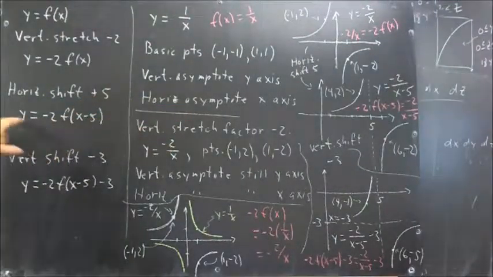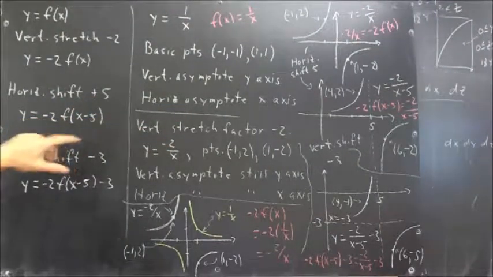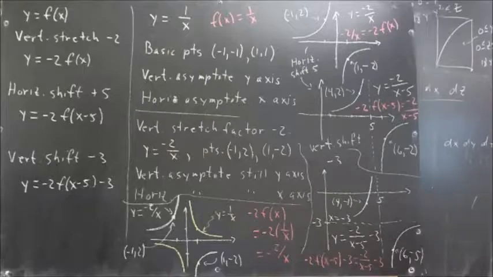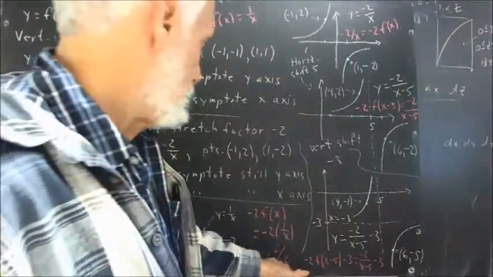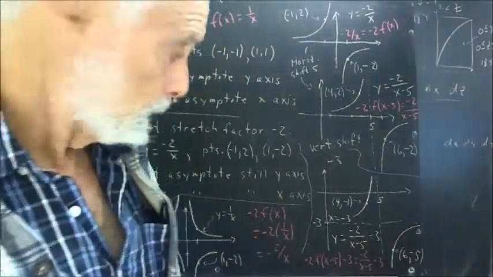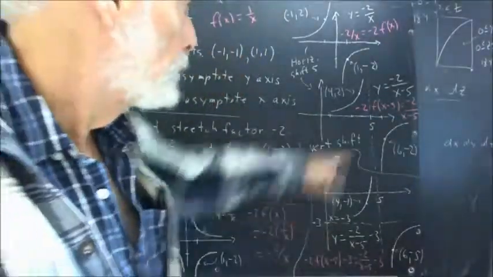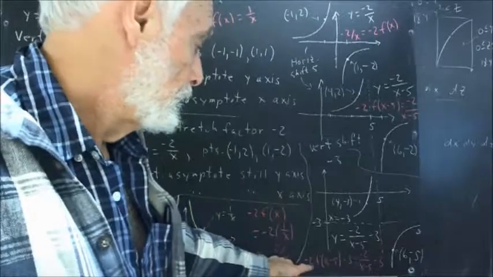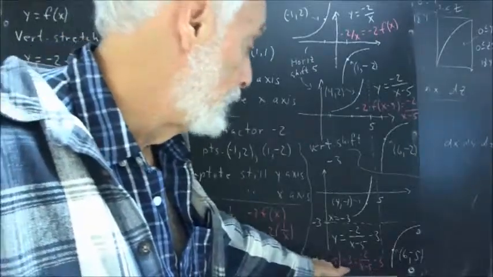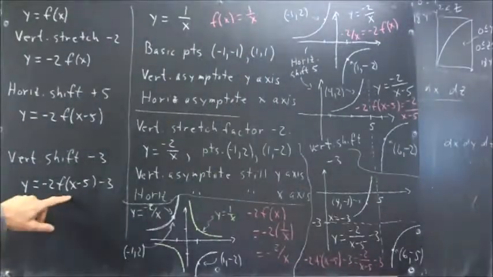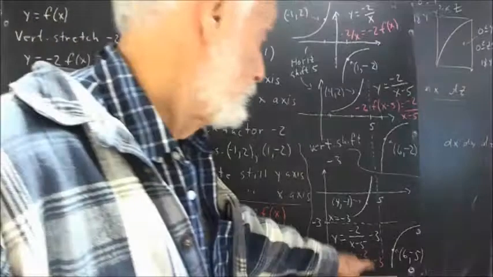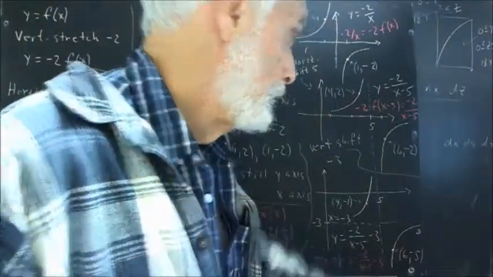So we again agree with the form y equals -2f of x minus 5. And then at the bottom, we subtract 3 from this form. We get -2f of x minus 5, minus 3, which is the form we should have. And that is -2 over x minus 5, minus 3.